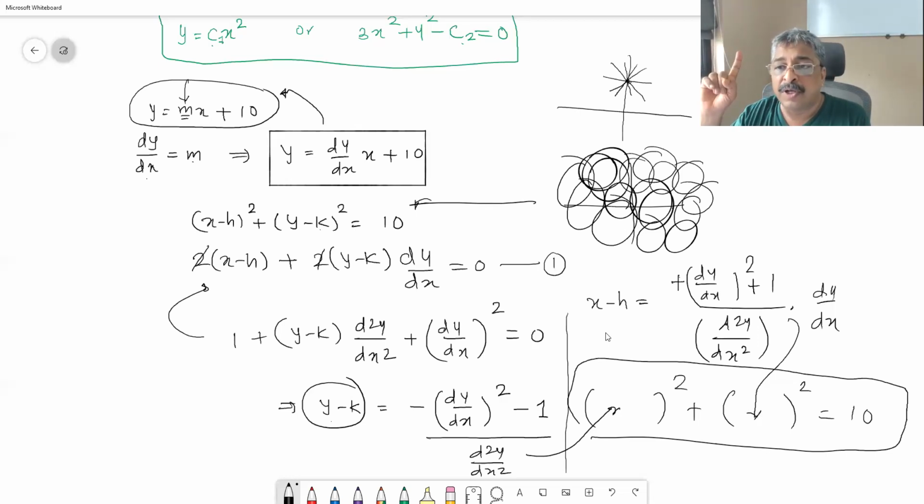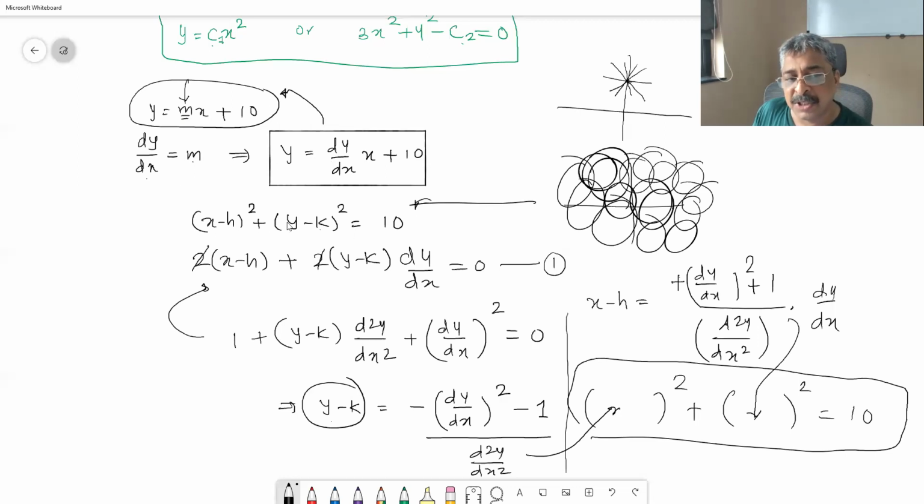if the differential coefficient is of order 1, then the arbitrary constant is 1, because in this case there was only one constant m, and we could get rid of that constant by differentiating only once.